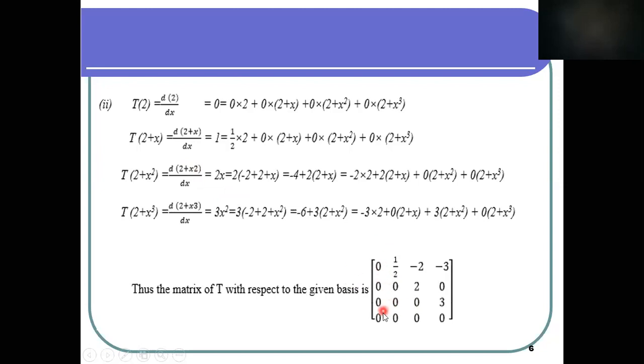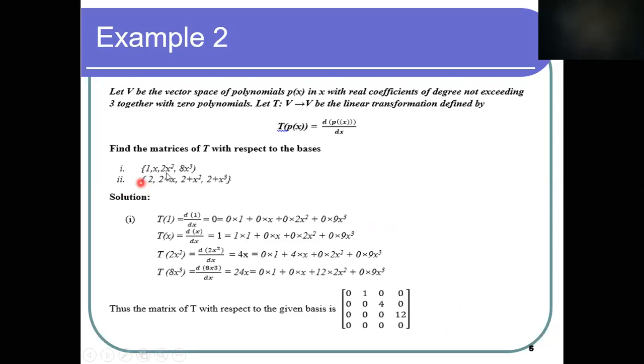If you plug in the coefficients here, the first column is the coefficients of this linear combination, and the second column of this matrix is the coefficients of this linear combination, and similarly the third and fourth columns are the coefficients of those linear combinations. So these are the matrix of T with respect to the second basis that is given over here.